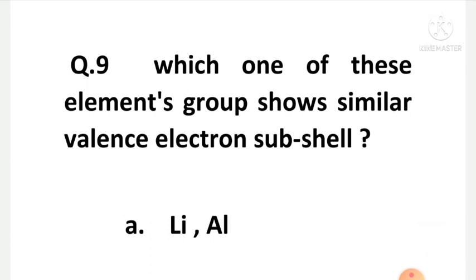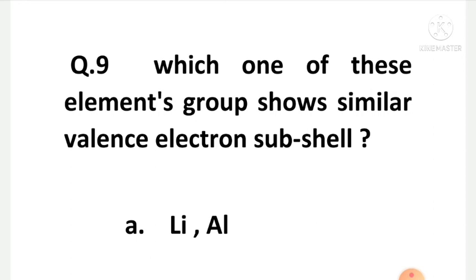The next question, number 9. Which one of these element groups shows similar valence subcell? Here element groups means the two elements given in each option.